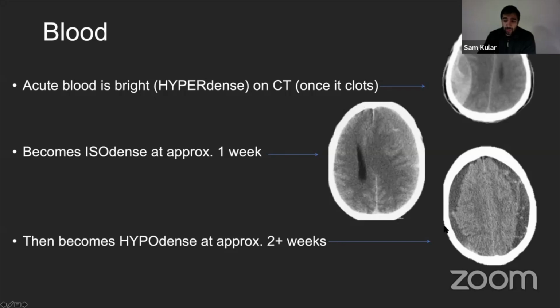So we don't know how old these may be if they're just low density. The only difference is that very hyperacute blood can appear dark because it's fluid density. So if there's very hyperacute blood before it's clotted, it will appear the same density as fluid like CSF because it hasn't clotted yet. It's only when it clots that it appears bright.